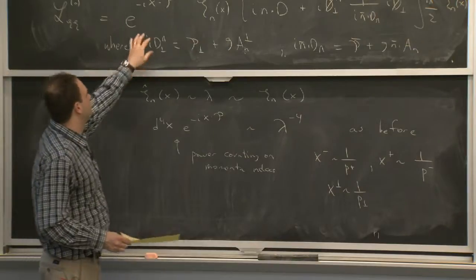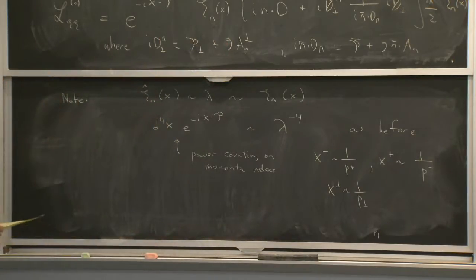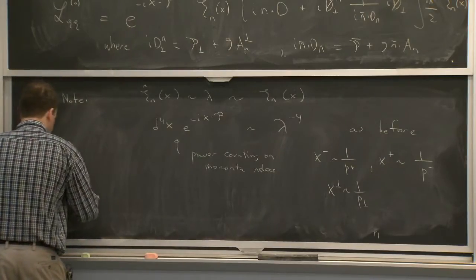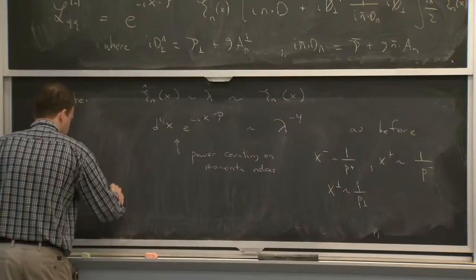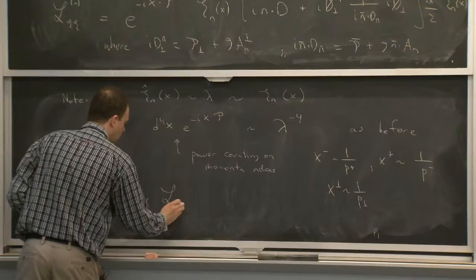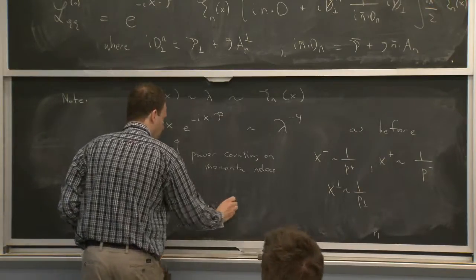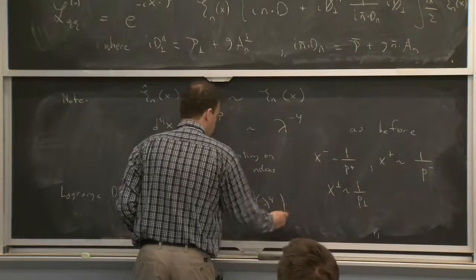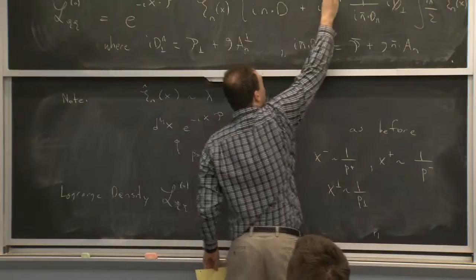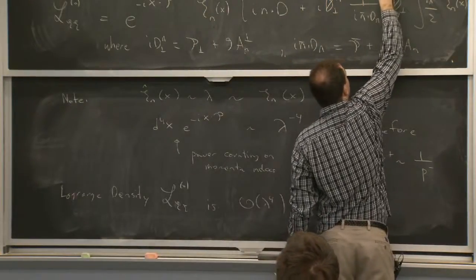And then if you ask, what's the order of the Lagrangian? The Lagrangian density here is order lambda to the 4. Because we have two fields, and then we have a lambda squared here, and then a lambda here, a lambda 0 here, and a lambda there.